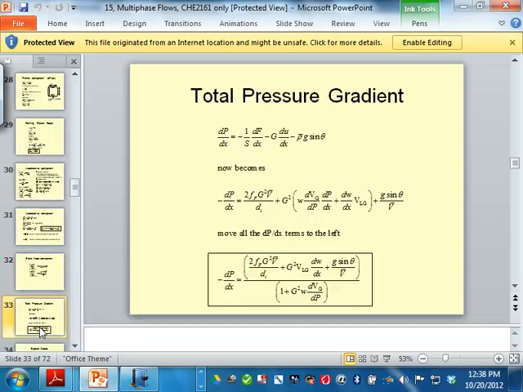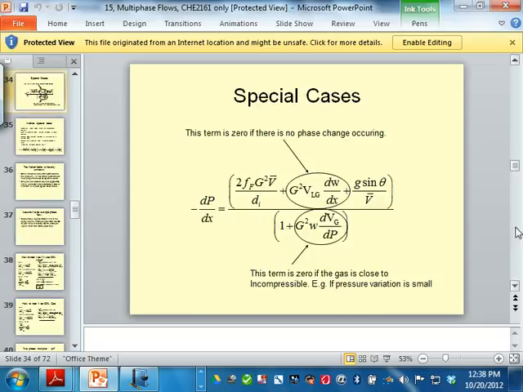So you put all this together, rearrange, put the dP/dx to the left, put everything to the right, you get this term here. Let's examine a bit more in detail. This is due to friction, your Fanning friction factor in there.